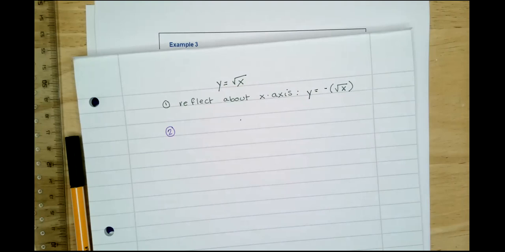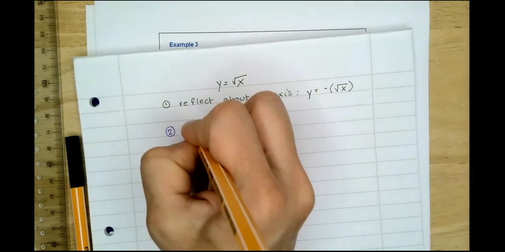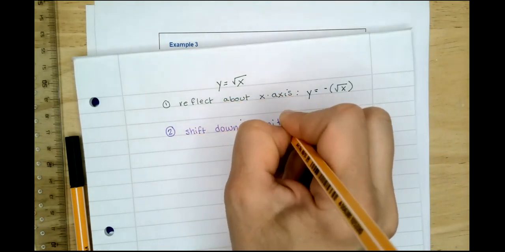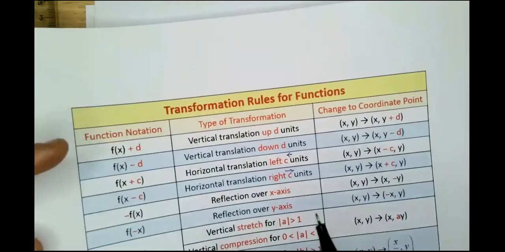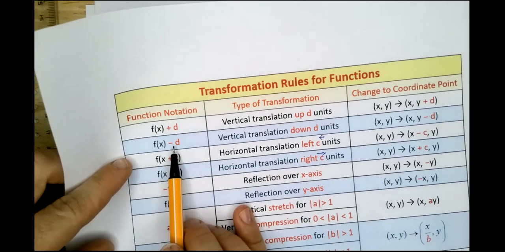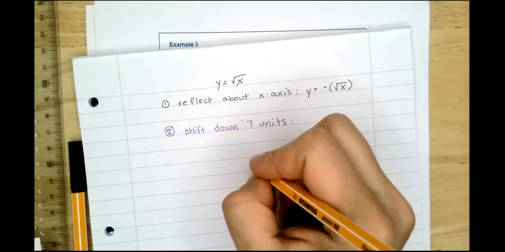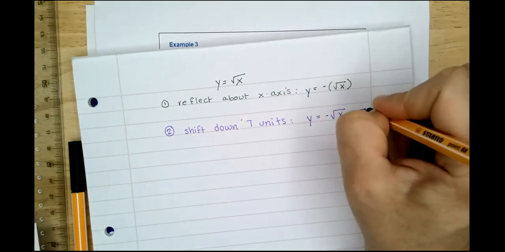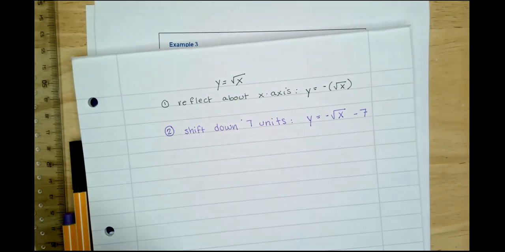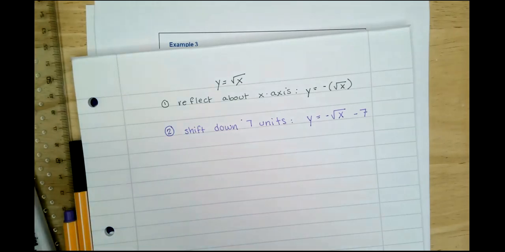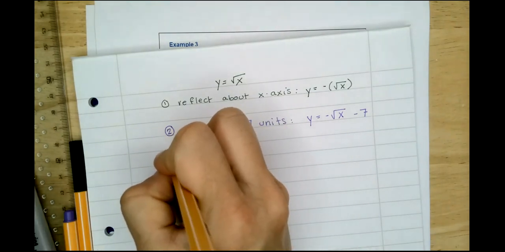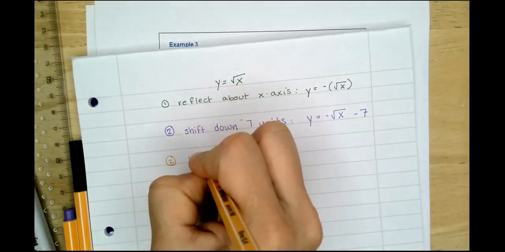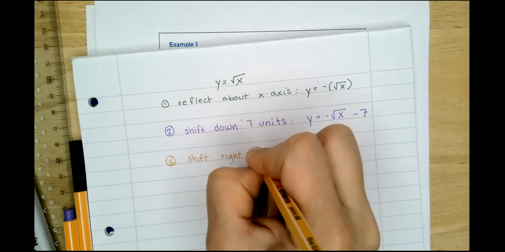Two then asks us shift down 7 units. Good. Down units means minus that number outside the grouping symbols. So we had y equals negative square root of x, shifting down, so minus 7. Good. Third step was shift right 3 units.